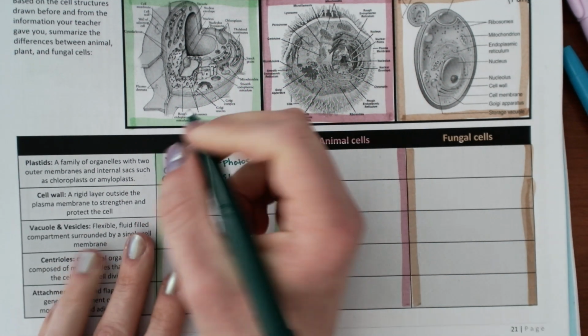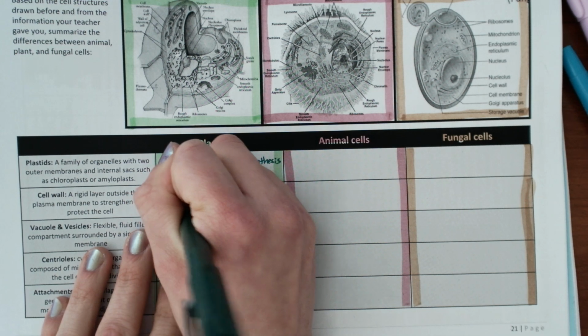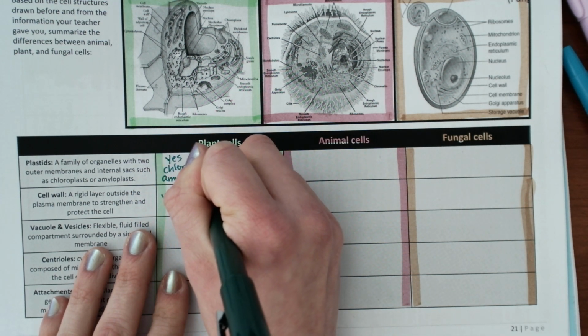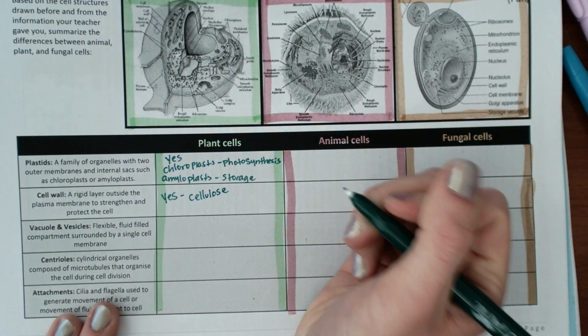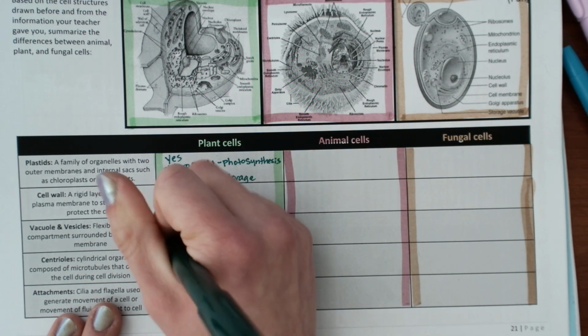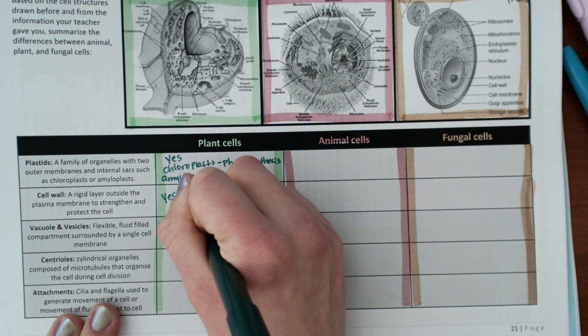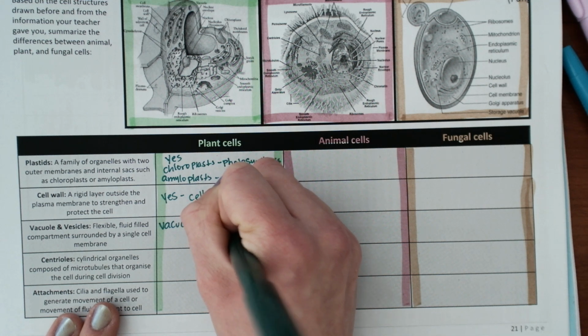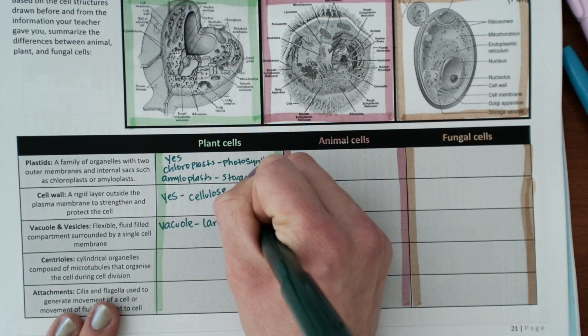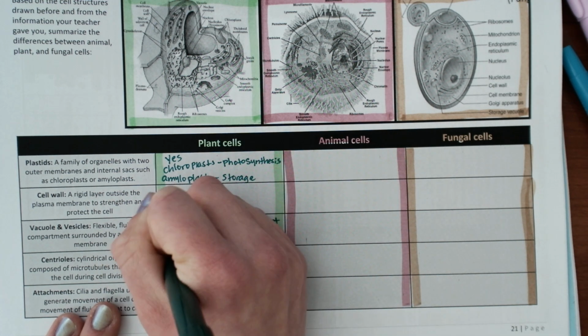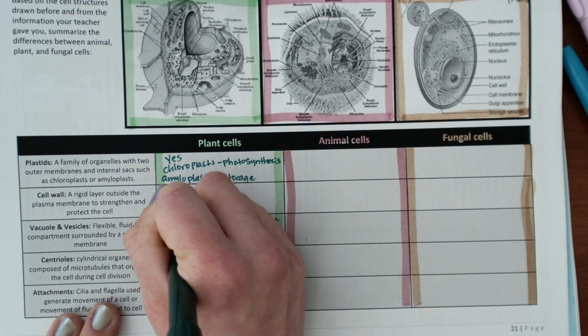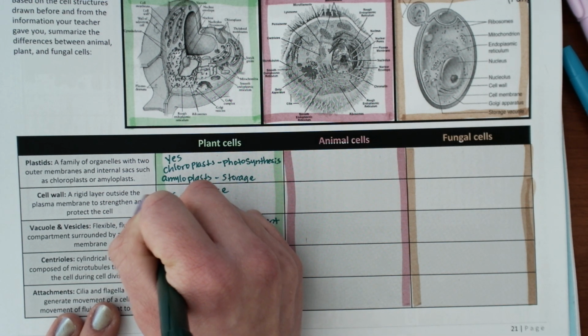Cell walls, plant cells, yes, they're made of cellulose. Vacuole and vesicle, they have a vacuole, large, permanent, mainly for water. And then they have transport vesicles.